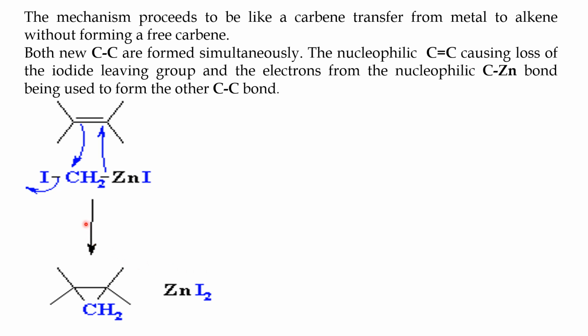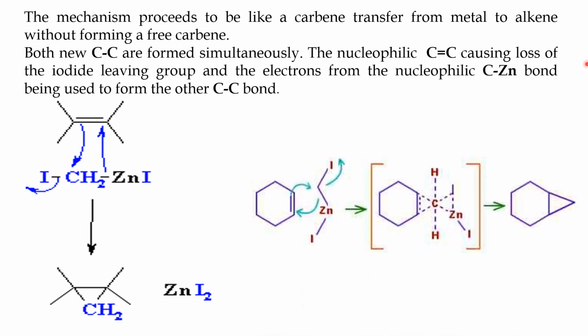So the C-C bonds form simultaneously in the Simmons-Smith reaction. See here, this bond is attacking this carbon atom, iodine is leaving here, and simultaneously zinc is giving the bond pair of electrons between zinc and carbon to the other carbon atom of the double bond.